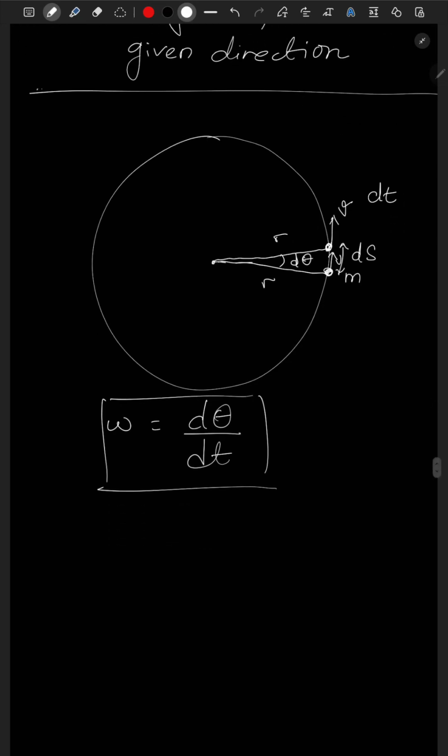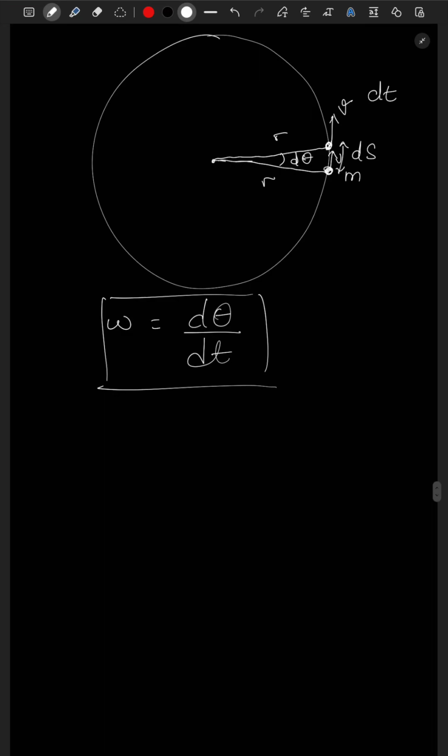Now, from the definition that we already know, theta is the arc length divided by r. So r is a constant. If we differentiate, there's a small change in theta and a small change in the arc length. The radius is the same, it doesn't change a thing.